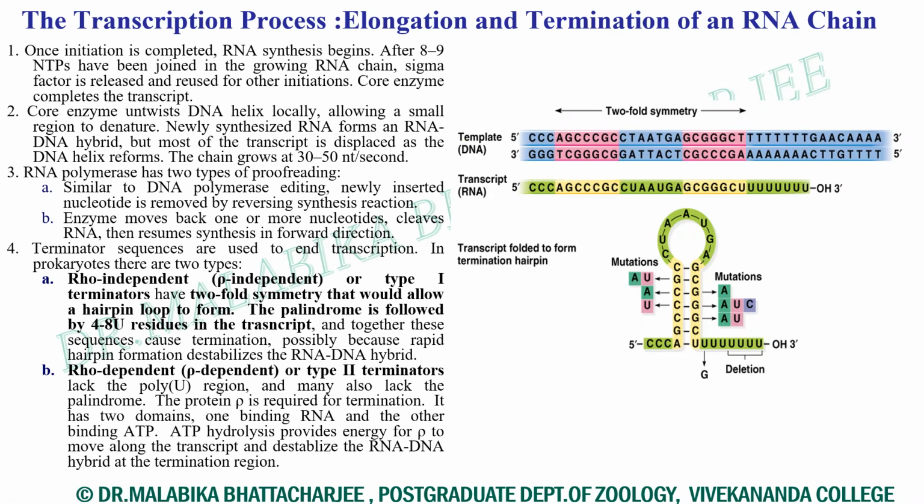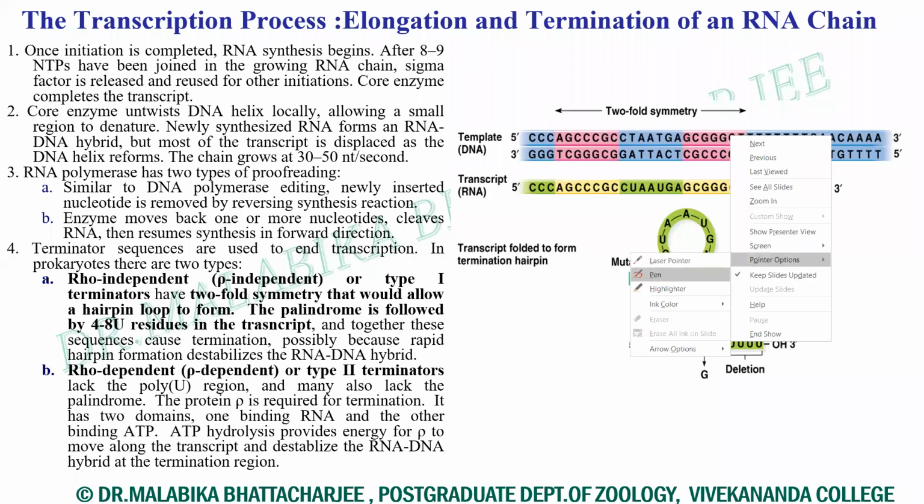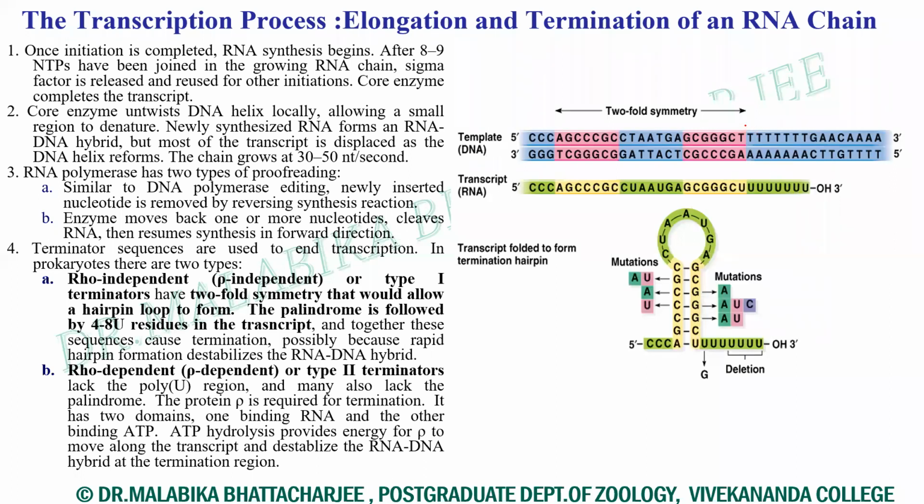A two-fold symmetry means that if you read the sequence AGCCCGC, and if you read this, which is complementary, TCGGGCG, this part of the DNA sequence is complementary to this part of the DNA sequence.